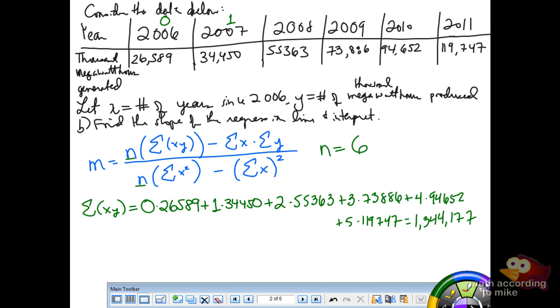Next up, sigma x, this guy right here. What do you think that means? Add up all the what? X's. So what are we adding? Yep, 0 up to 5. 15.